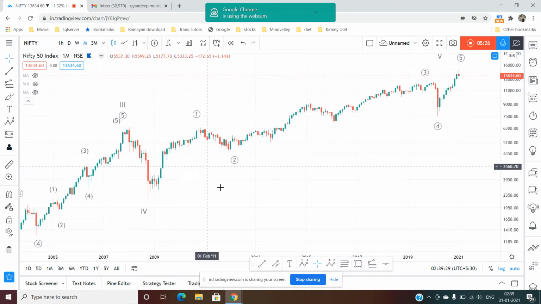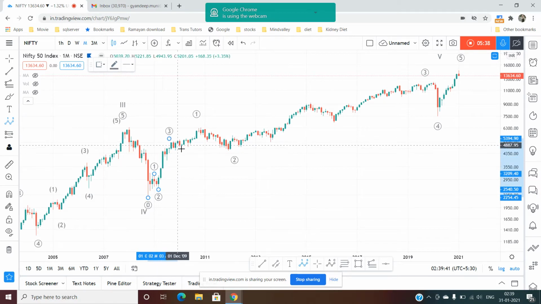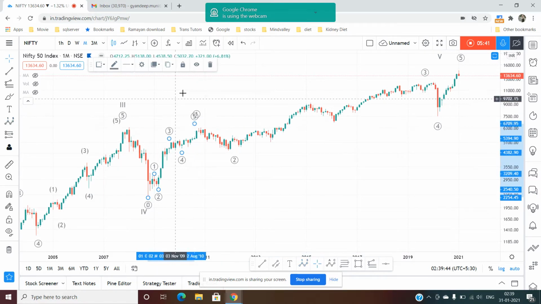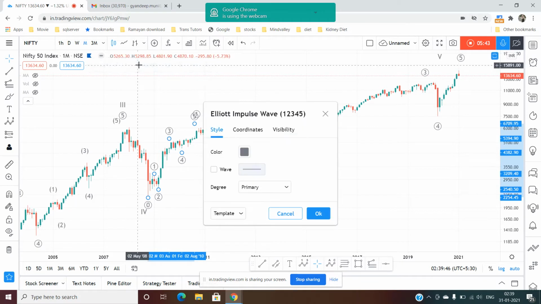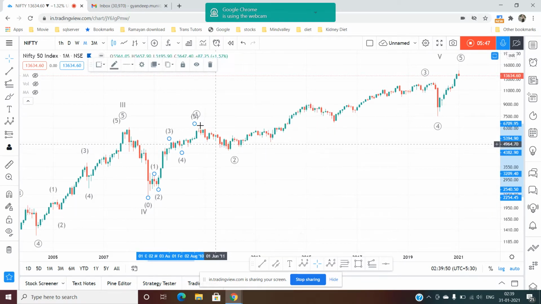Now how can we divide this one? We can divide very easily. This is 1, 2, 3, 4, and 5. So right here 1, 2, 3, 4, and 5. These are intermediate waves. It is overlapping here.